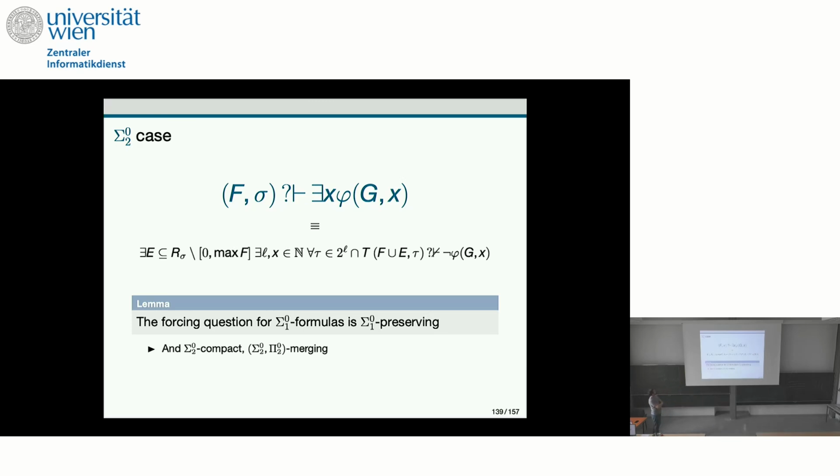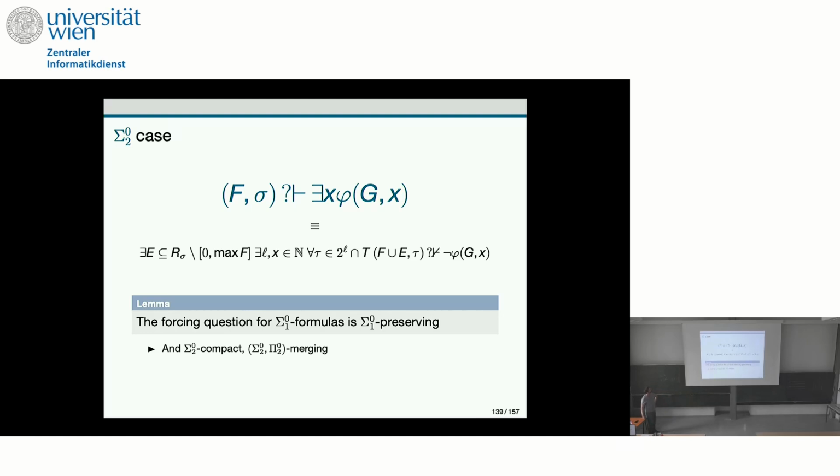F sigma and T, when you ask the question, it means, can I find an extension of my initial segment? And is there a level in this tree, in the 0' primitive recursive tree, so that for every tau at this level, considering this as an extension, the F union E and tau, you have the negation of this formula.